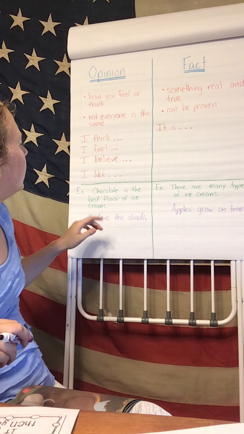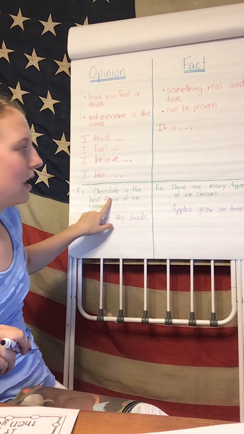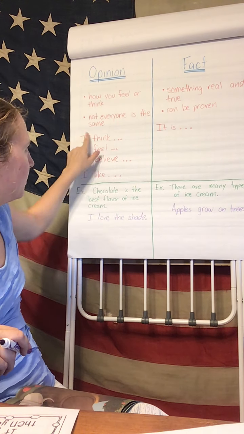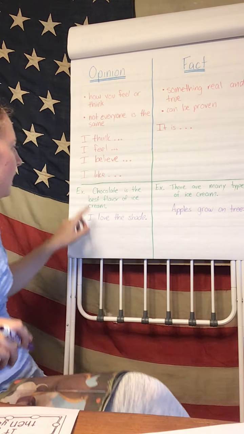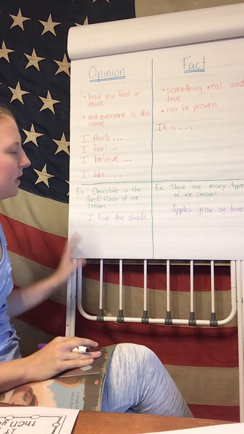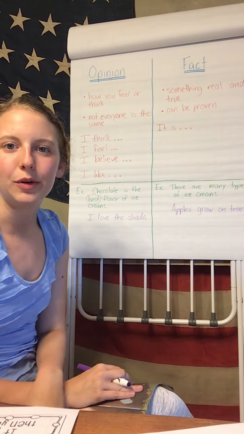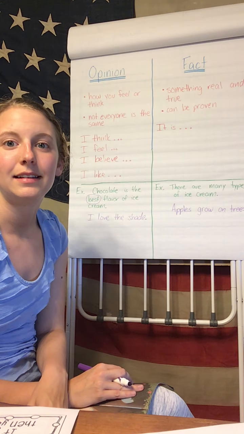So, now, I didn't start saying this example, chocolate is the best flavor of ice cream, with one of these, but that word best gives me an indication, that gives me a clue that that's an opinion sentence.